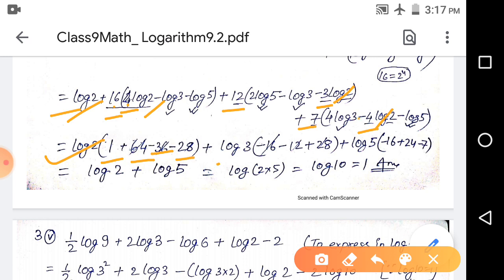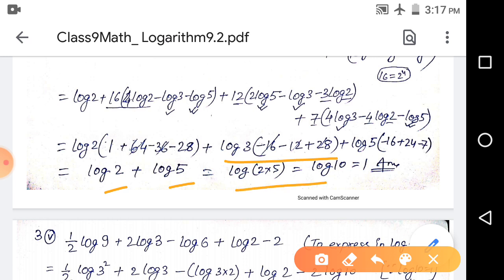So in this way we have taken all the log 3 terms common, and all the log 5 numbers common. Then finally we got here what? See log 2 plus log 5, because this one becomes 0. Okay, log 3 becomes 0. So this log 2 into log 5 is equal to log 10, which is equal to 1. So 1 is the final answer.